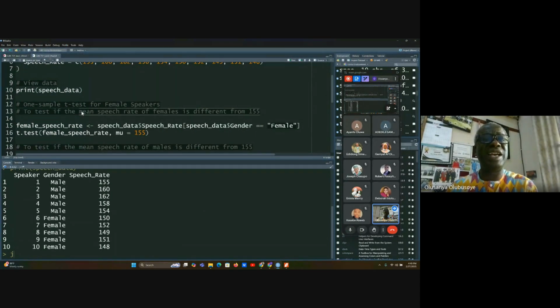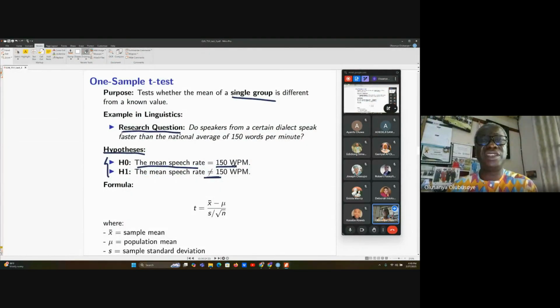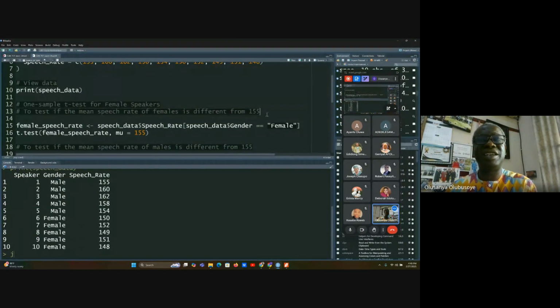So the hypothesis is: mean speech rate for female is equal to 155 versus mean speech rate for female is not equal to 155.